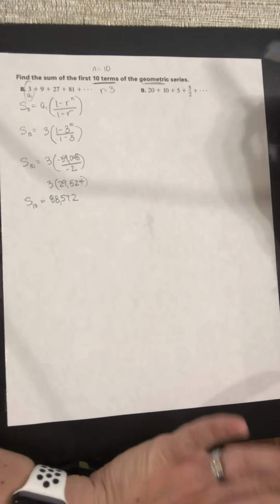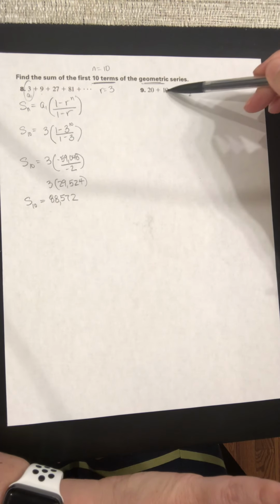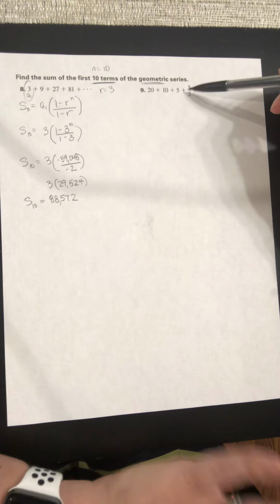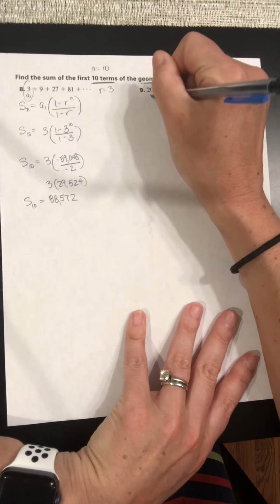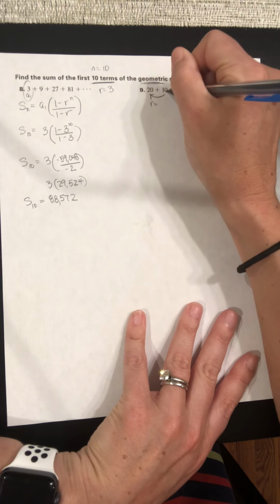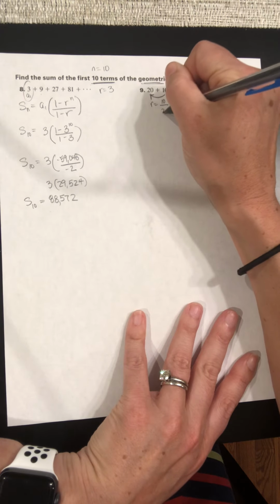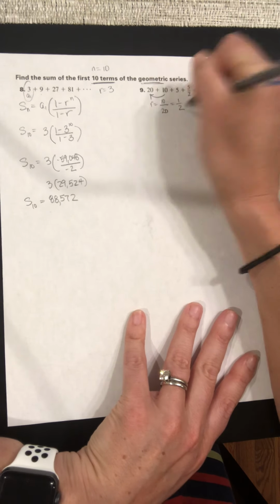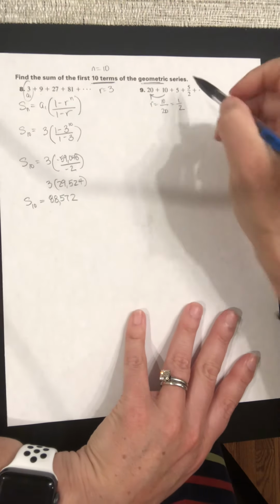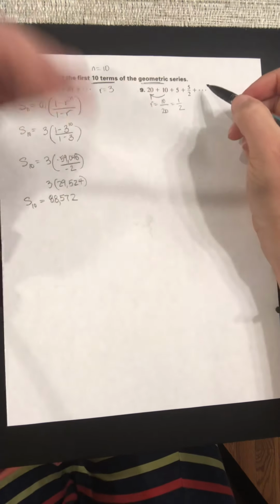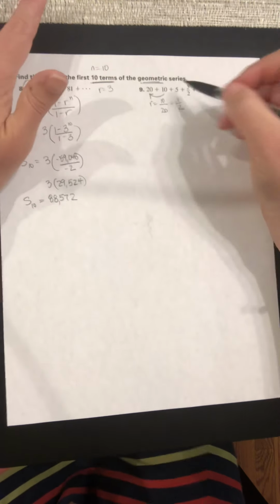Now this guy's a little trickier. If you see the series, it's decreasing, right? So if I look here, my r, if I do 10 divided by 20, that's 1/2, or 0.5. So you just have to be careful here when you end up with fractions. You could use a decimal as well.